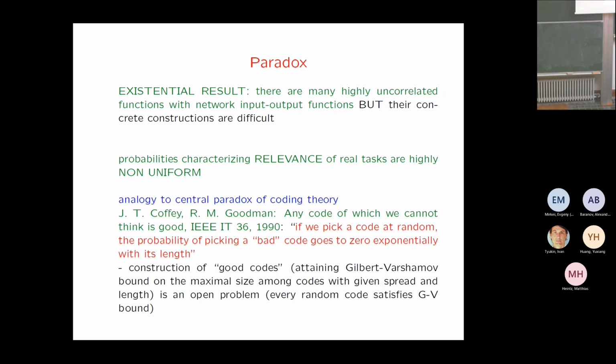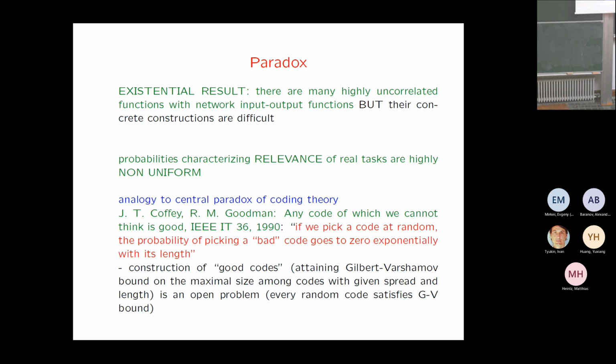They are not in these little polar caps. So you would say, wow, there are so many of them, a huge number, so maybe we can easily find some, but this is the paradox. It's not so easy to construct them. It's very difficult for us to think about such kind of functions.